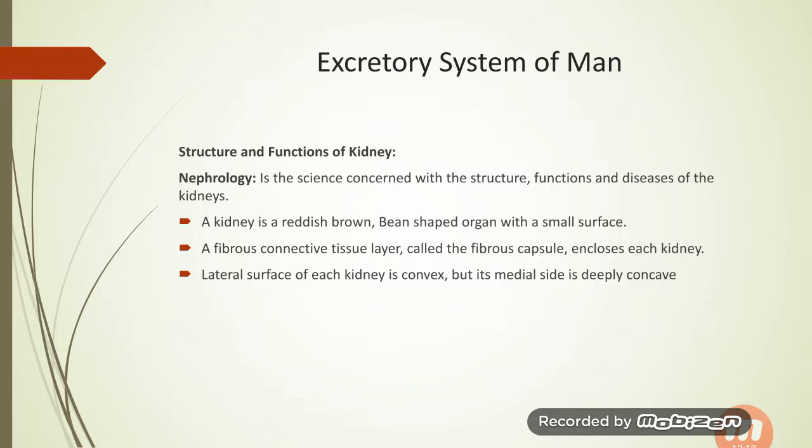This word originates from the unit structures present inside the kidneys, which are called nephrons. Kidneys are reddish brown, bean-shaped structures, covered with a fibrous connective tissue layer called a capsule. And on the other side of the kidneys are present the adrenal glands.